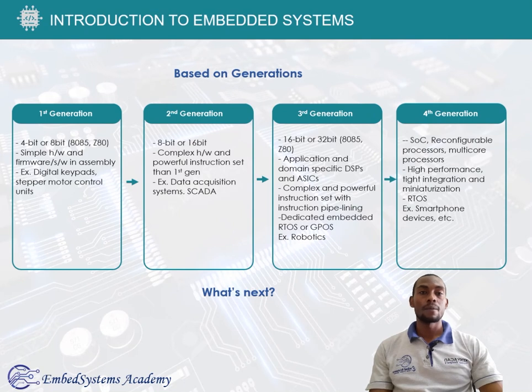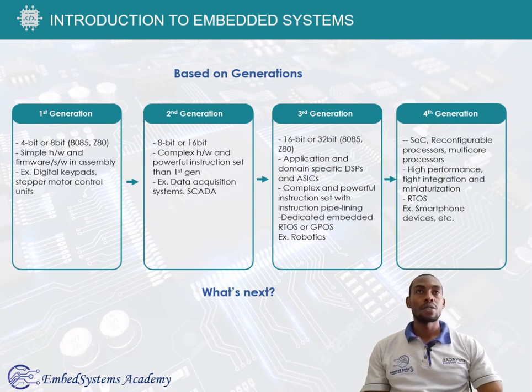These are 4-bit or 8-bit processors that are normally programmed using assembly language. And in this generation, the hardware is simple, as well as the firmware. Examples of this kind of embedded system are digital keypads and stepper motor control units.